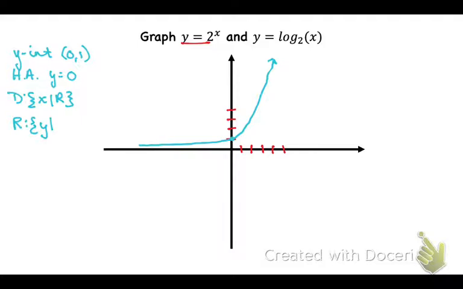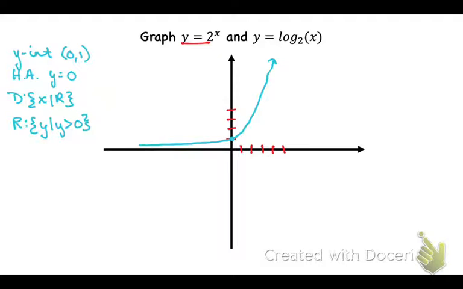What's coming out of it? Greater than what? 0. Thank you much. If the horizontal asymptote is 0, it can go close to 0, so y is greater than 0. And then, of course, it is increasing, but we can change all that, right? Anything else we need to know about this? Nope. Okay, so exponential.